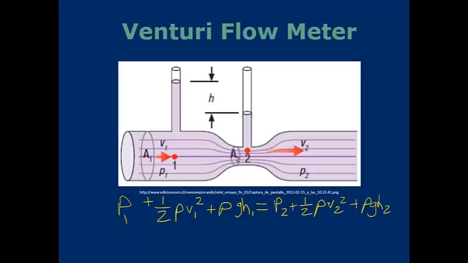An increase in the velocity will cause this term to increase as well. But if that's the case, we need to make sure these still are equivalent, don't we? So, where is it going to give? Well, it's going to be in the height. So, at this area, area 2, the height experienced by the liquid is going to be lower. That's how we keep these two equivalent.